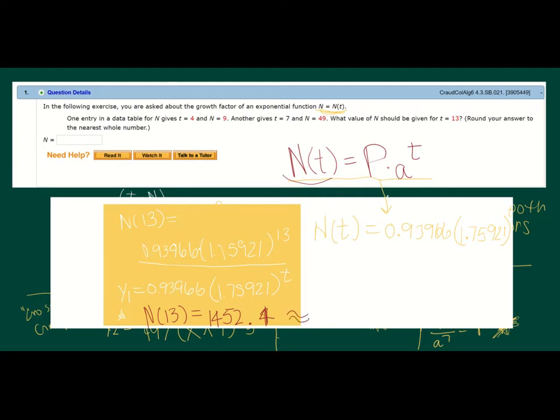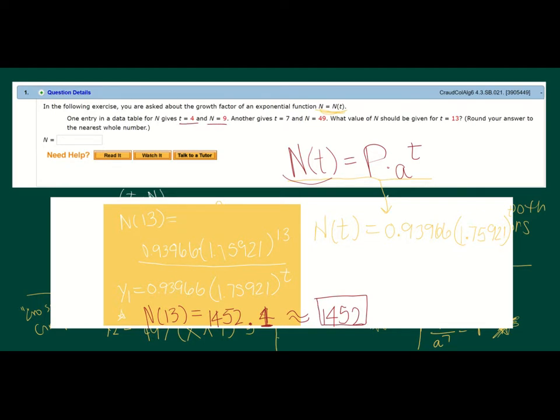If I was going to round this, I would need to round it down, not because we have some context with live bacteria or anything like that where you need to pay attention to what's alive and what's dead, but because this 4 in the tenths place tells us the nearest whole number is actually going to be rounded down to 1452. So this is what I'm getting using my numbers from the problem.